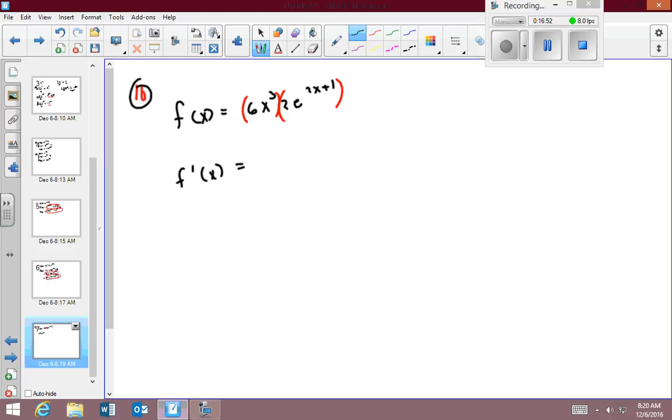So the derivative of the first is going to be 18x squared, and then it's times e to the 2x plus 1. And then it's going to be plus 6x cubed times e to the 2x plus 1, and then times the derivative of the exponent, which is 2.